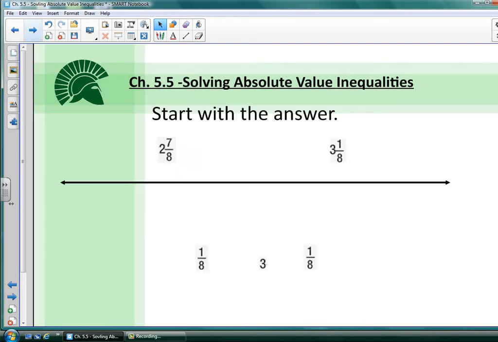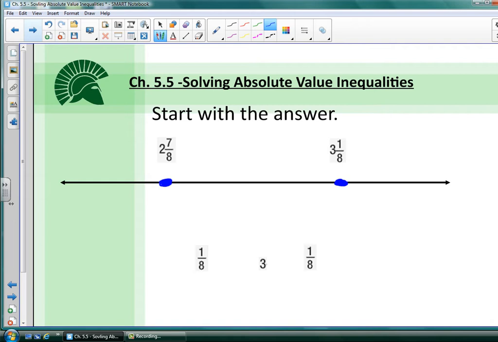So what we're going to do is start with the answer. Thinking back to the compound inequalities that we've done, since we're starting at 3 and we're within 1/8 of 3, really we're at 2 7/8 and 3 1/8. And since those two numbers are inclusive to what we're talking about, they're going to have closed circles.